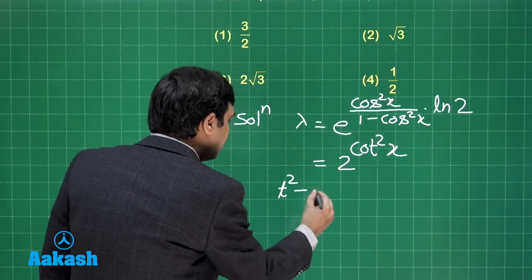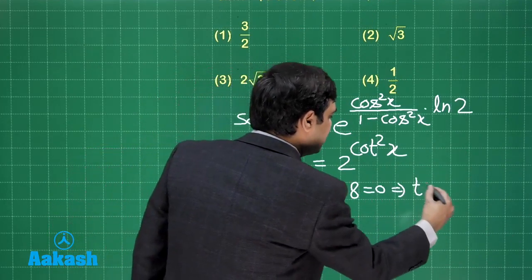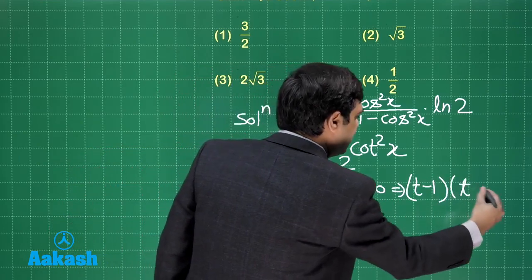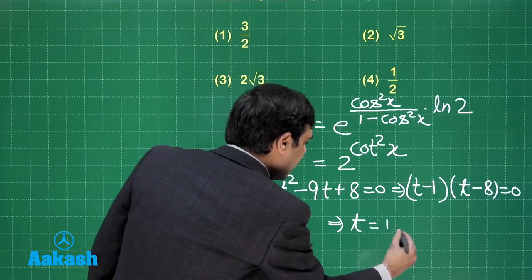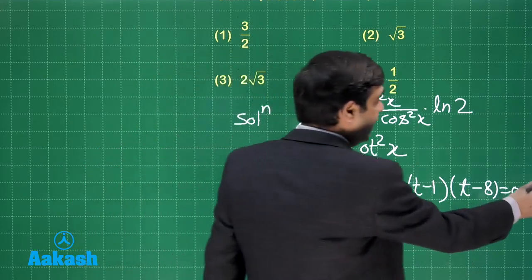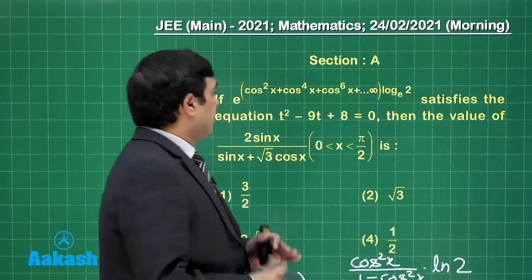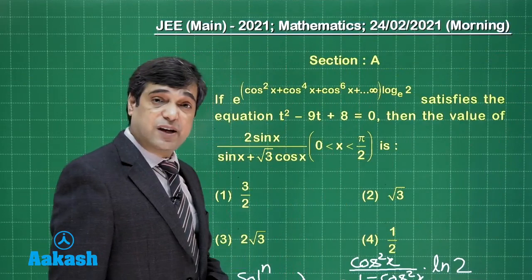All right. Now another equation given to me. T square minus 9t plus 8 equals 0. That means t minus 1 into t minus 8 equals 0, giving you t equals 1 and t equals 8. Now let's read the question again. This is satisfying the given equation t square minus 9t plus 8 equals 0.